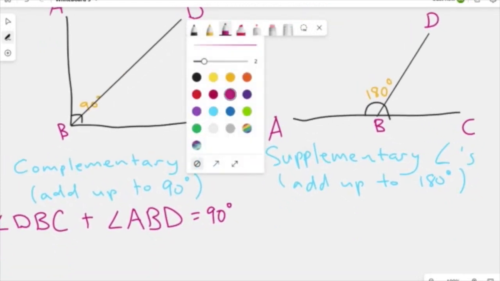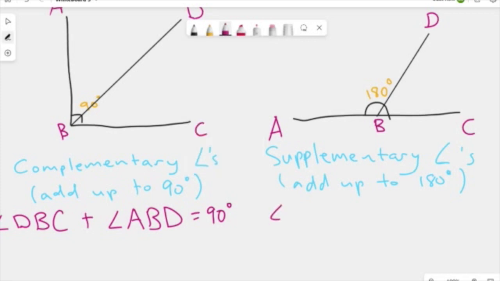So, formalizing this using angle notation, we have once again that DBC, this angle on the right-hand side, plus angle ABD, these add up to 180 degrees.